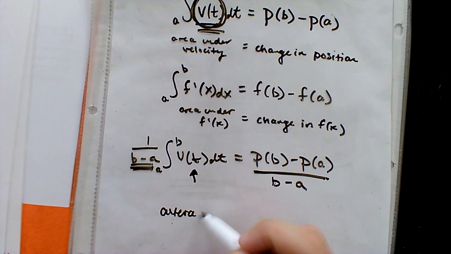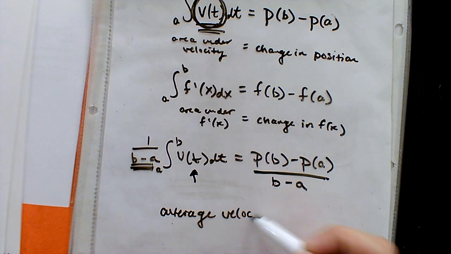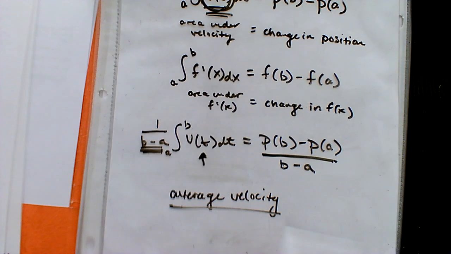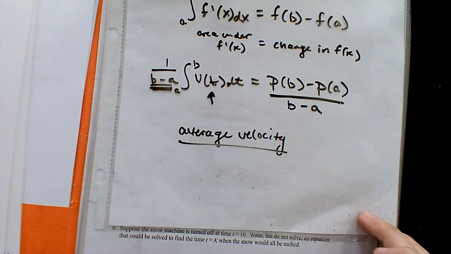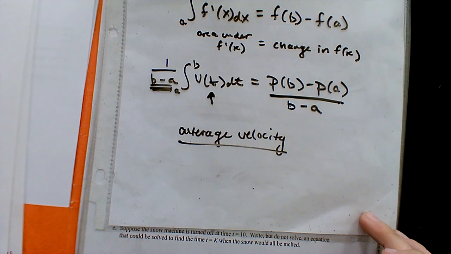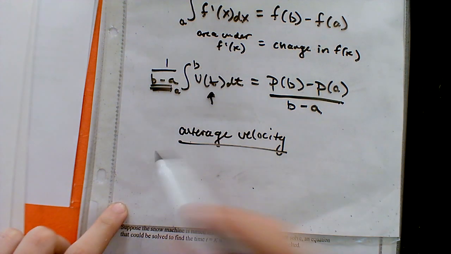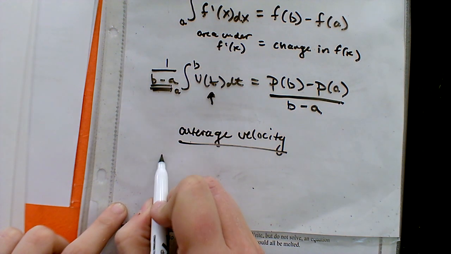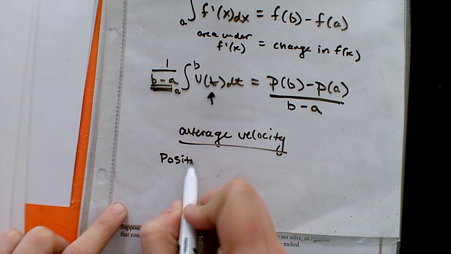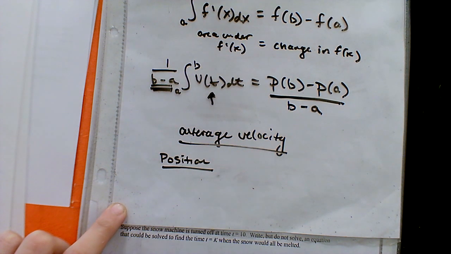If I wanted to find the average velocity, I now have two different techniques to help me do that. And which technique I use depends on which information I have. So what if I wanted to find the average velocity, but I know the position function?